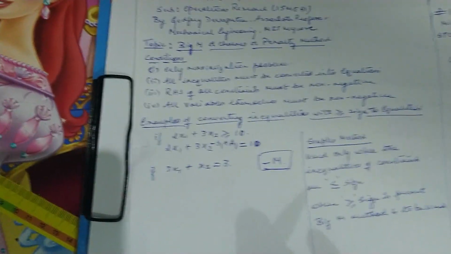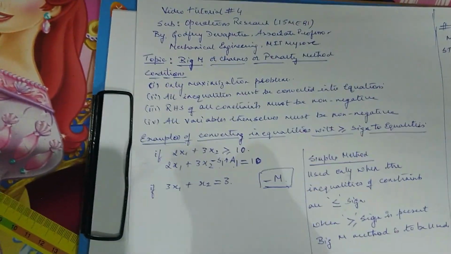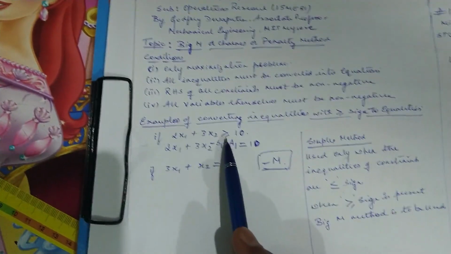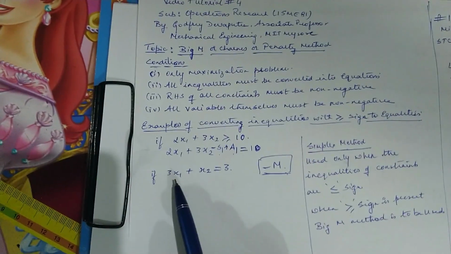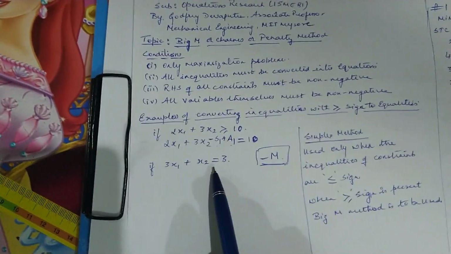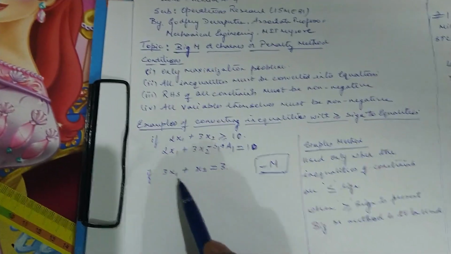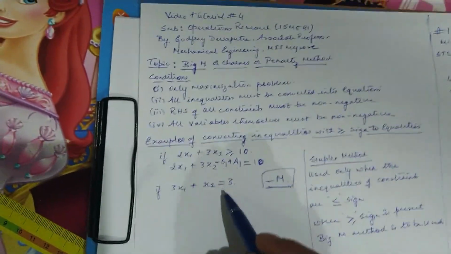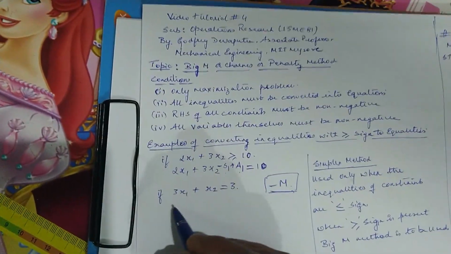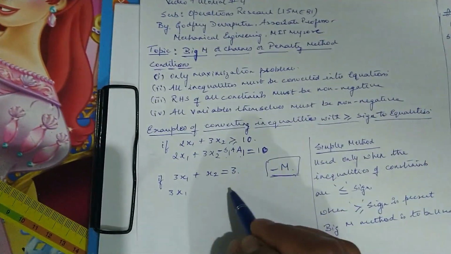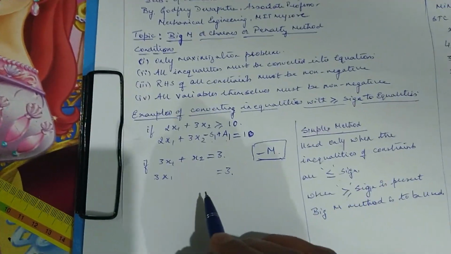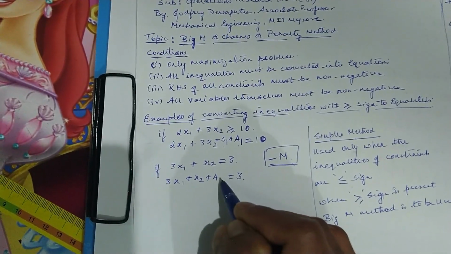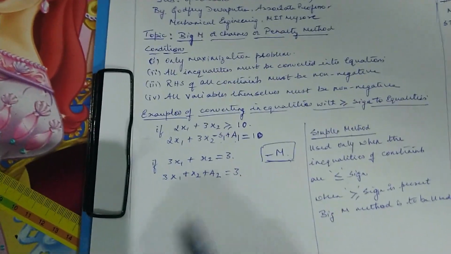The Big M method also gives us the opportunity to solve a problem when the inequality is greater than or equal to sign. As well, it also gives us an opportunity when there is a constraint given in the form of an equality. Here, for example, 3x1 plus x2 is given as equal to 3. So in order to bring it into the standard format, I'm going to keep the equality as equality, but at the same time I'm going to add an artificial variable in this particular case.